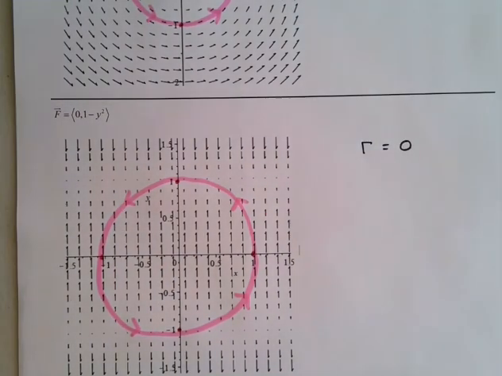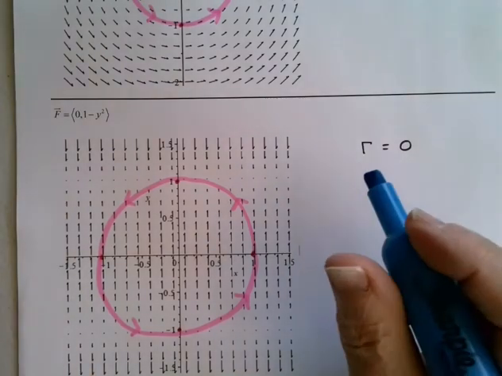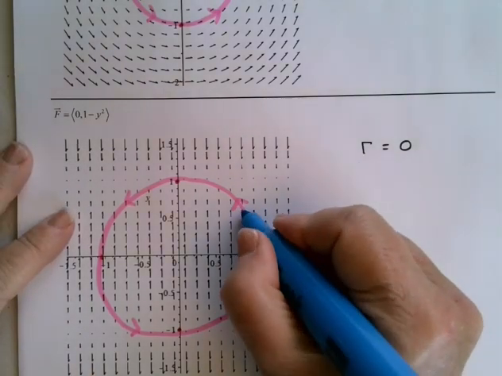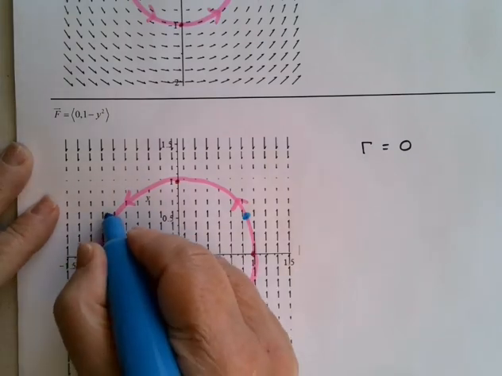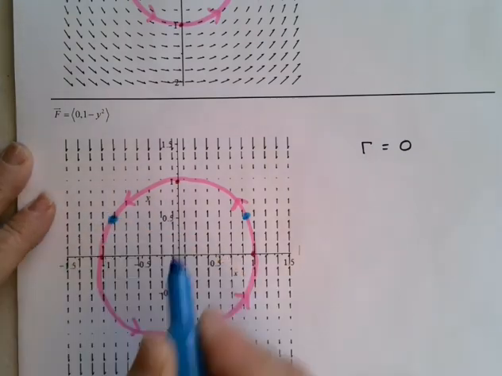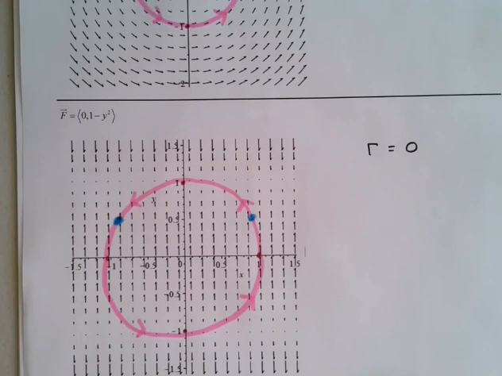Well, let's just pick a couple of points. I'm going to pick one point, for example, over here. And then I'm going to pick a similar point over here, kind of symmetric across the y-axis.